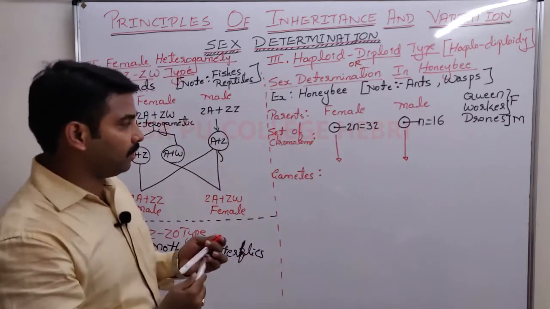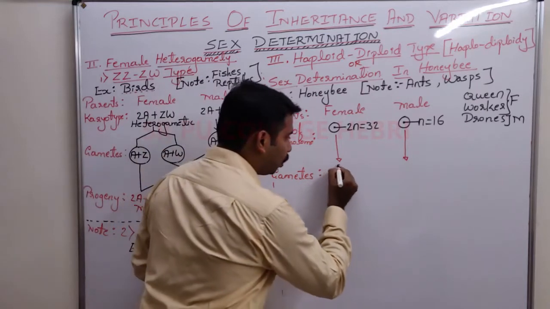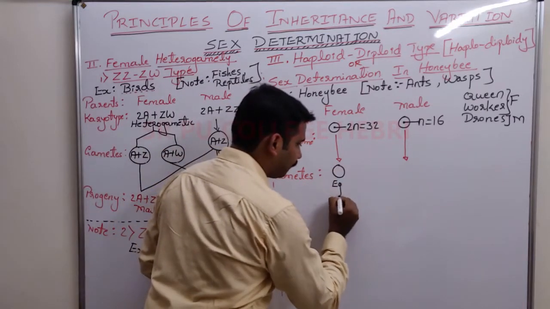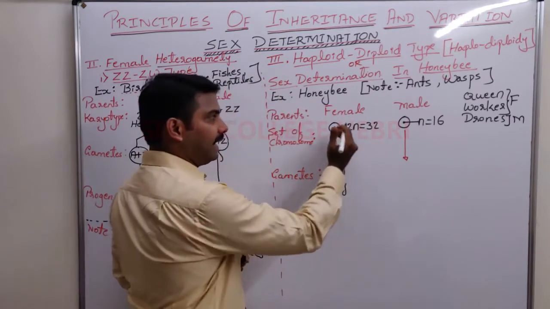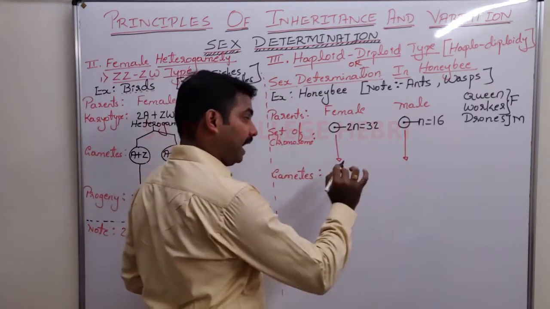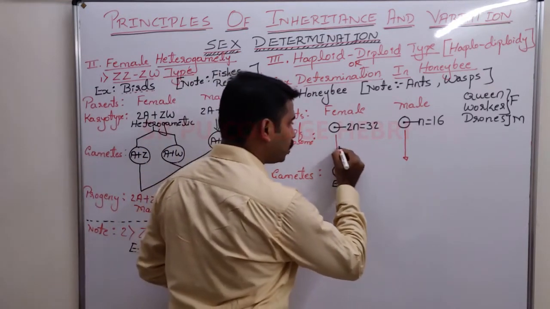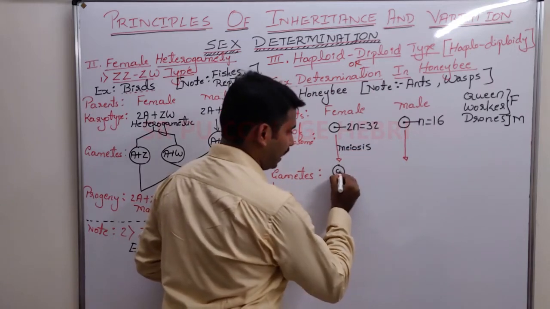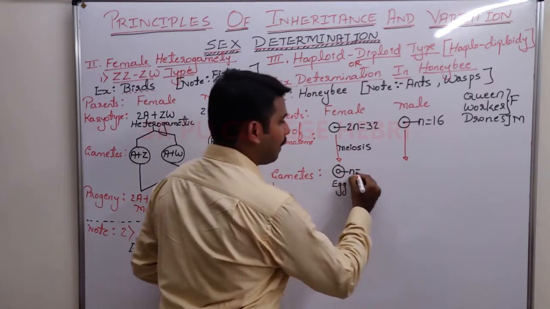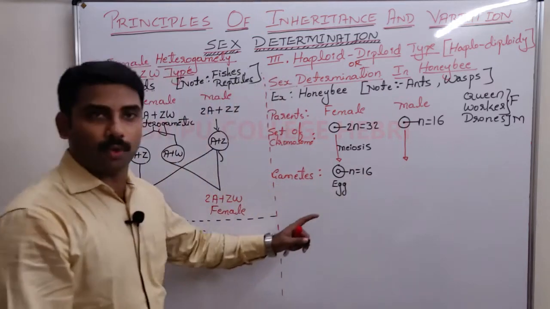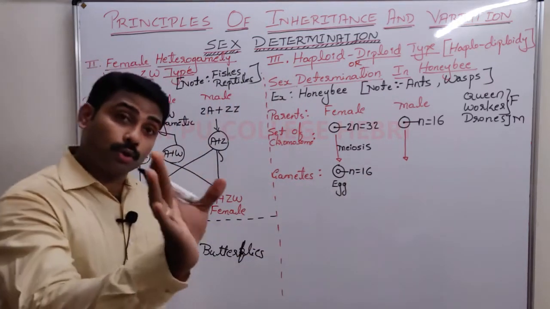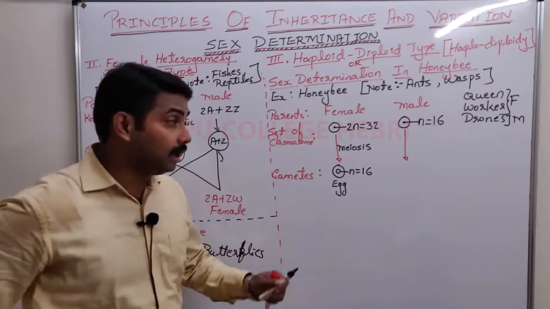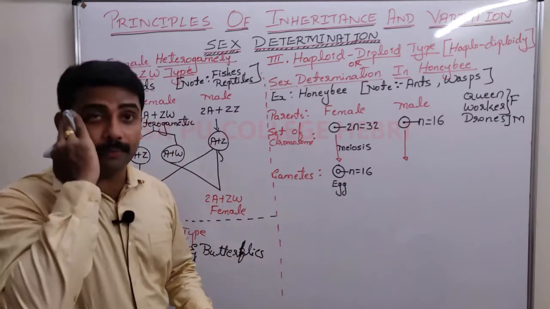If you observe here, the egg produced by the female is formed by mitosis or meiosis? It is by meiosis, where the egg is haploid with how many chromosomes? 16 chromosomes.